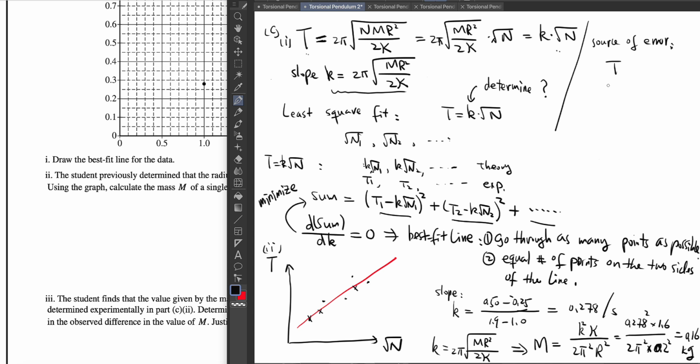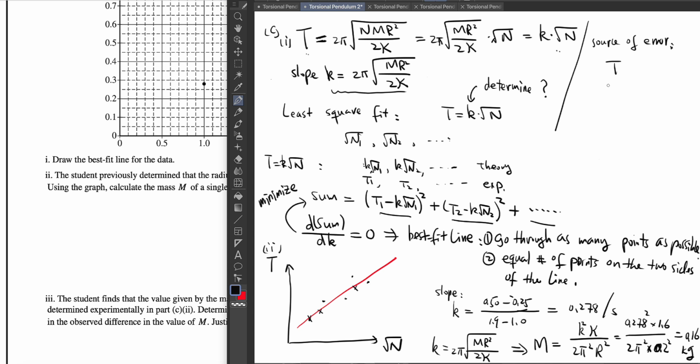Okay, and one thing I can imagine that can cause this T error would be, of course, personal issues, like each person will read the period T differently, and when you do the period T measurement, you want to count 10 full period oscillations, for example, and then you divide by 10, etc. And that could be an issue.